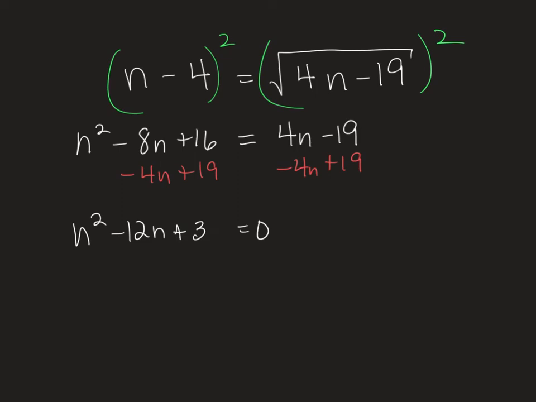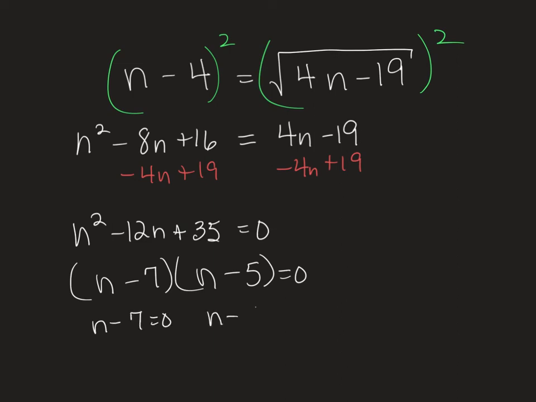Made a mistake. N squared minus 12n plus 35 equals 0. It is factorable, so n minus 7 and n minus 5 equals 0. Set them equal to 0 individually, and you get n equals 7, n equals 5.